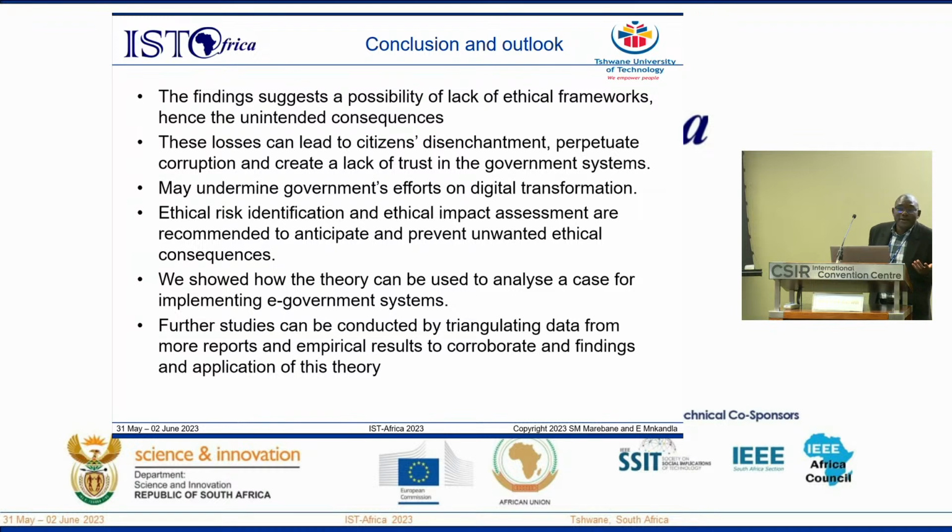So this suggests that there might be a possibility of lack of ethical frameworks in the implementation of government systems, and the losses are huge. So we recommend that there must be a framework that includes ethical risk identification and impact assessment in order to prevent unwanted consequences.